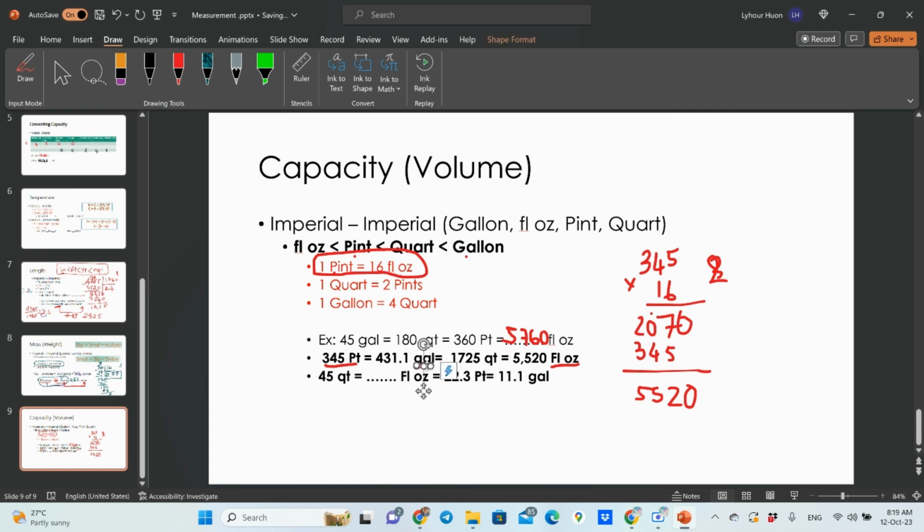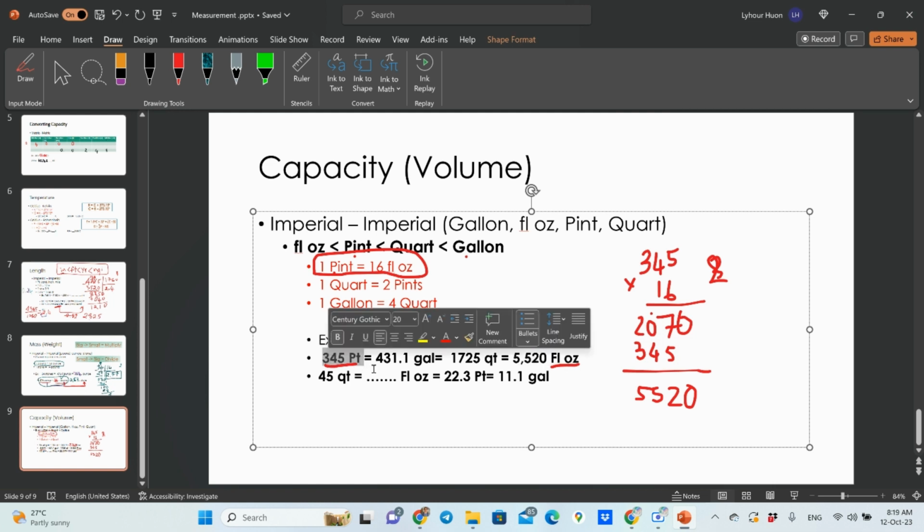Now we have fluid ounces. What should we convert next, to pint or to gallon? We have fluid ounce as a reference and also pint. Quarts.